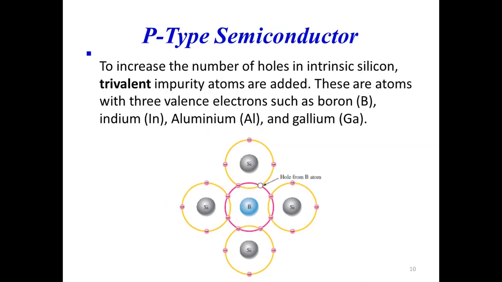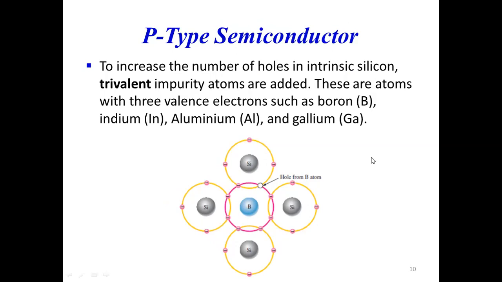Okay. Now, for P-type semiconductor, the same thing. Here, a trivalent impurity like boron, indium, aluminium, or gallium is doped with the intrinsic semiconductor. So here I have shown 4 silicon atoms and only 1 atom of boron. Trivalent means there will be only 3 valence electrons in the outermost orbit.